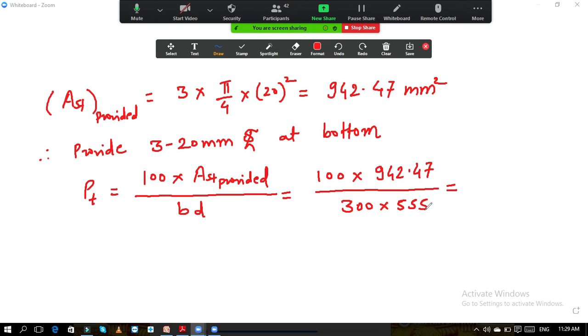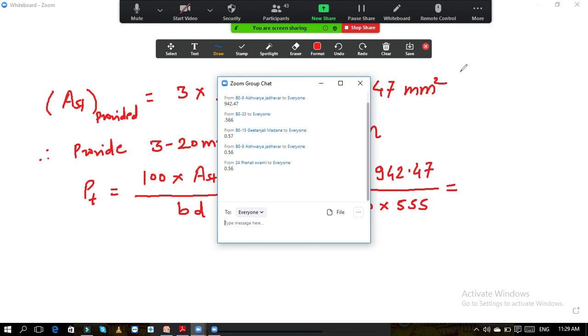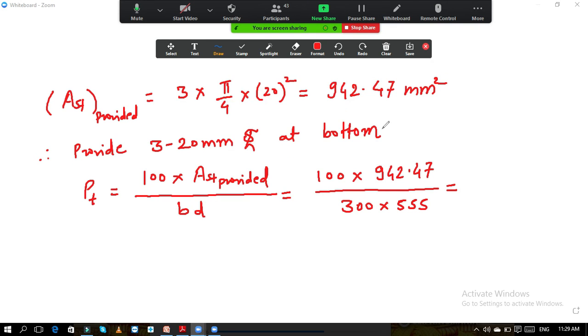From this you will get the value of percentage of steel. What is the percentage of steel? So it is 0.56%. This is our percentage of steel.